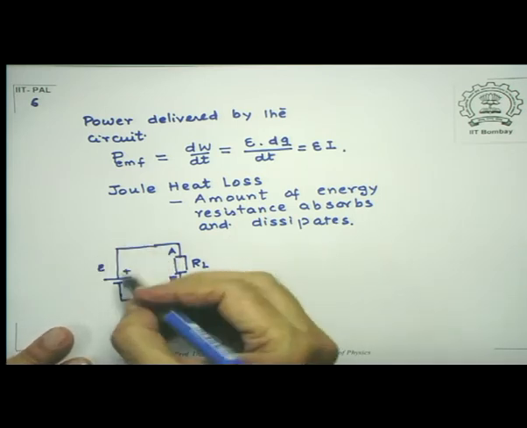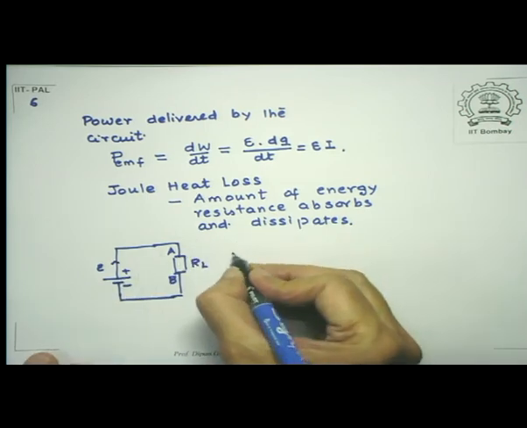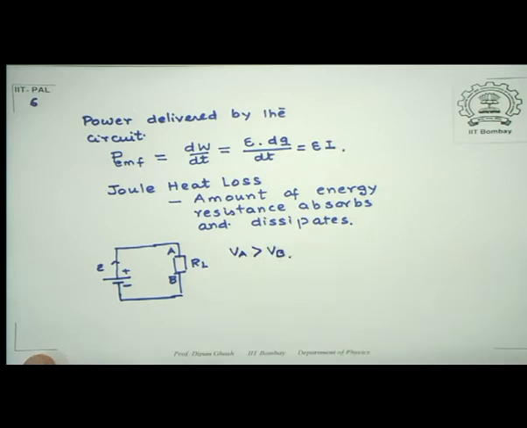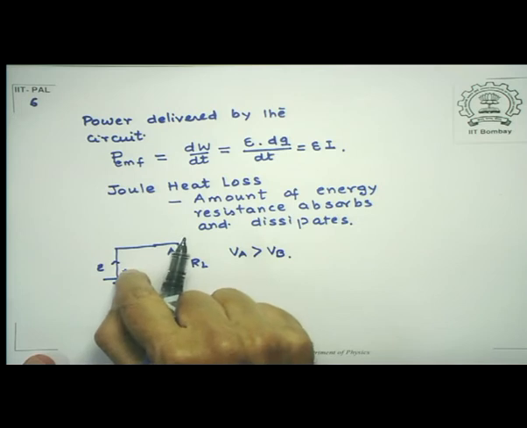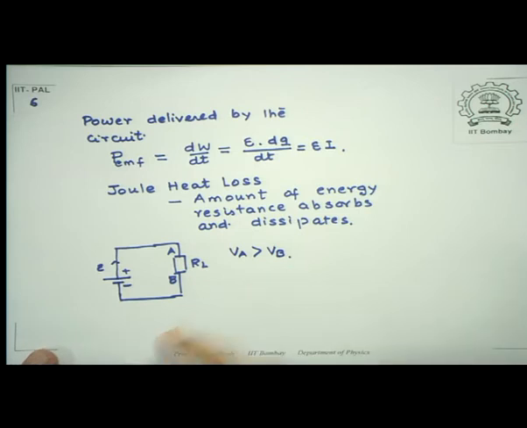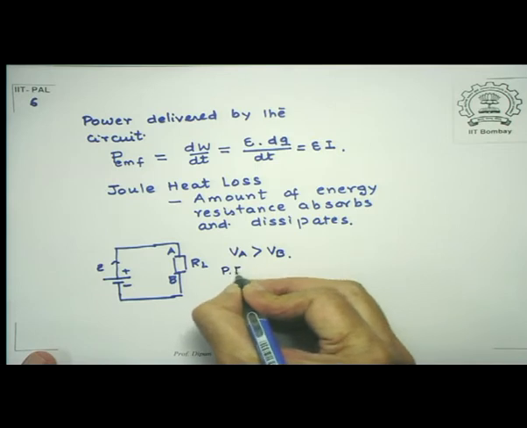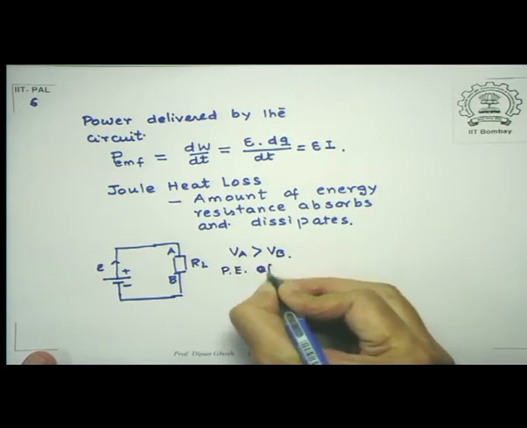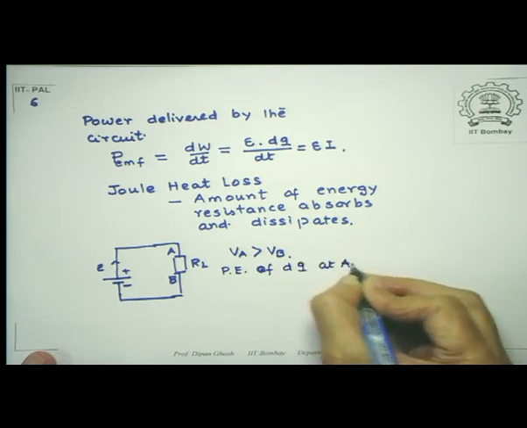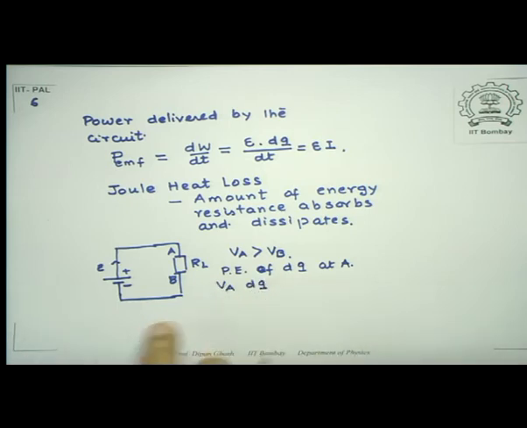And looking at this direction, this is a positive terminal, so V_A is greater than V_B. So if a charge dq comes from this terminal to the point A, the potential energy of that charge is V_A times dq, and at B it is V_B times dq.